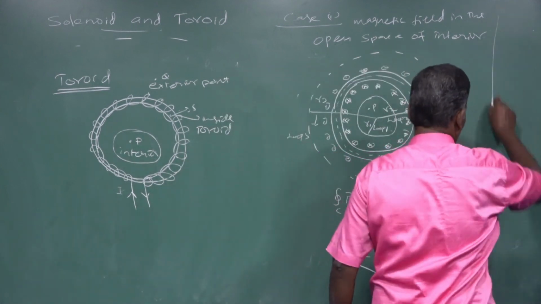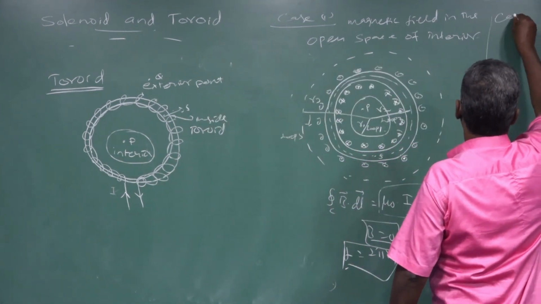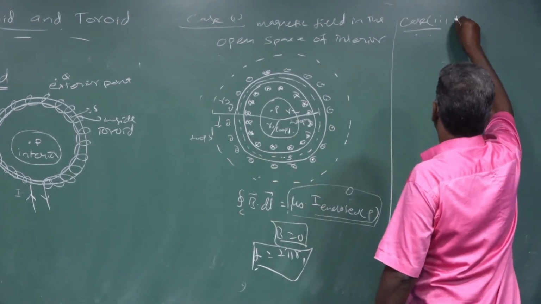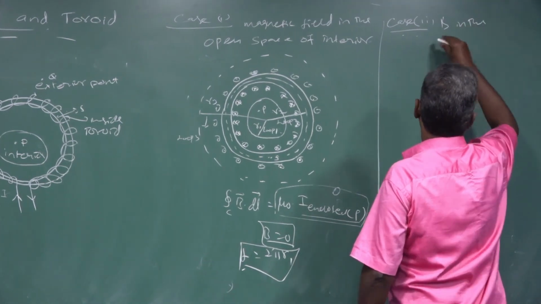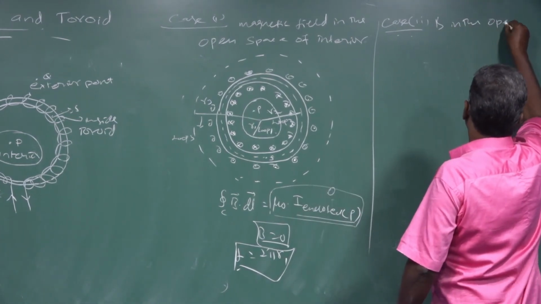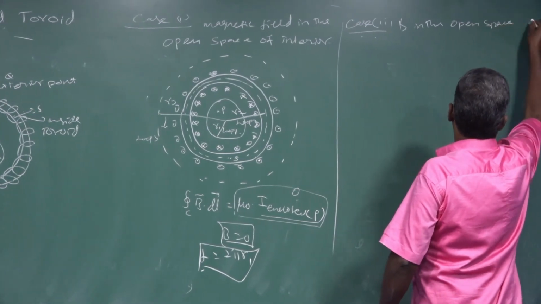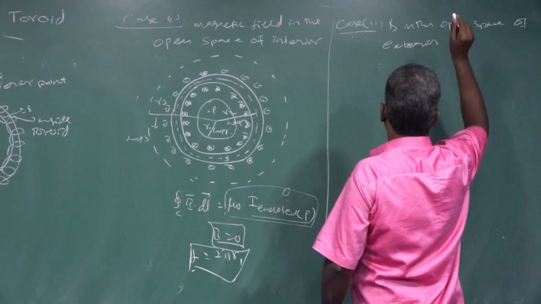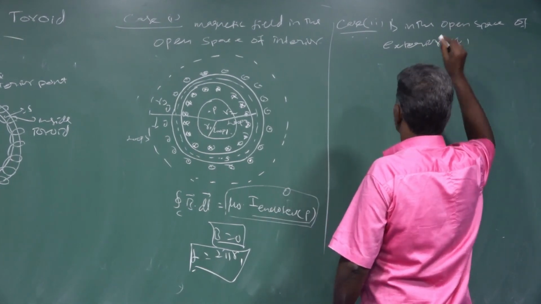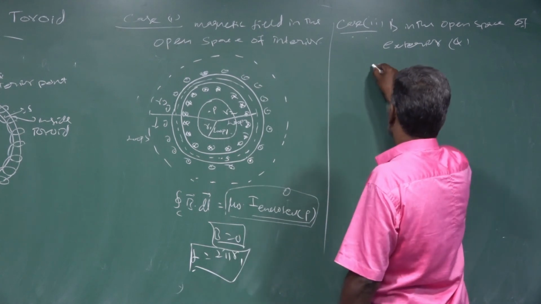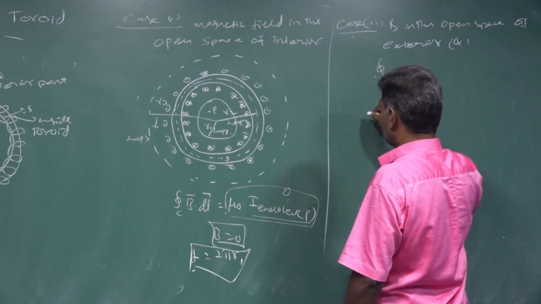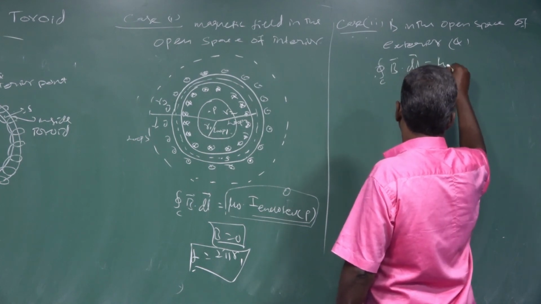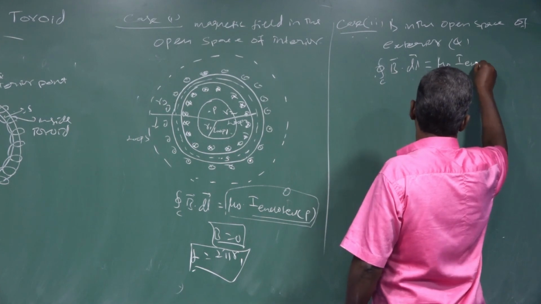Next we see case 2. What we are going to find is the magnetic field in the open space of the exterior. The exterior point is Q, so we can apply the formula: closed line integral of B vector dot dl vector equal to mu naught into I enclosed.